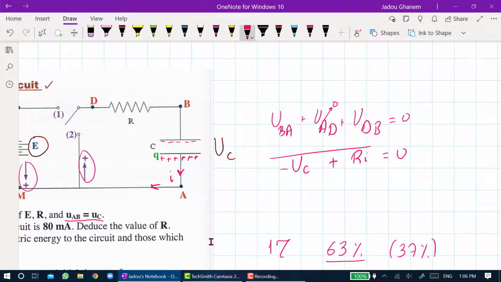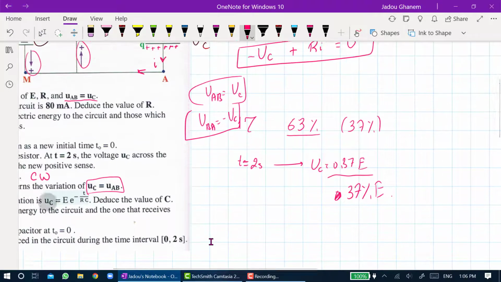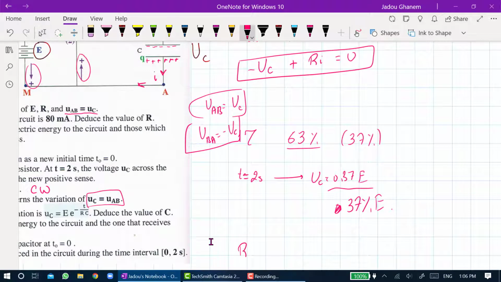Because if I ask what's UAB, since we are going from the positive to the negative, it's UC. Once I write UBA, it's minus UC, the opposite of the first way. So the final result will be RI minus UC equals 0.